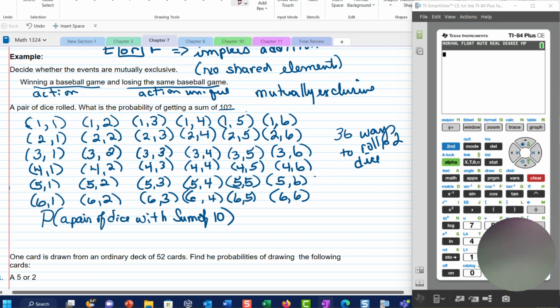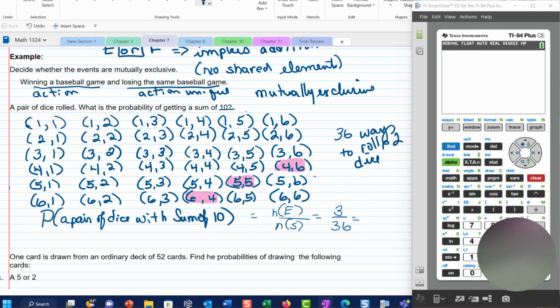So let's see. We can have a 6 and a 4, that's 10. A 5 and a 5, that's 10. And a 4 and a 6. All right. So the cardinality of my event over the cardinality of my sample space is going to be 1, 2, 3 over 36, which comes out to be 1 over 12.